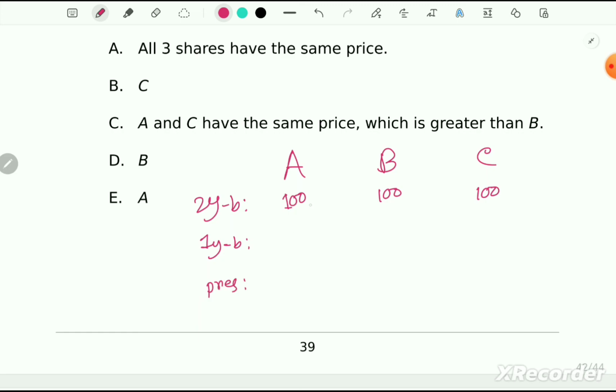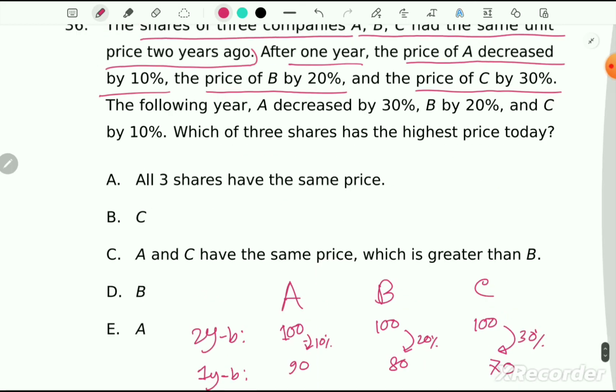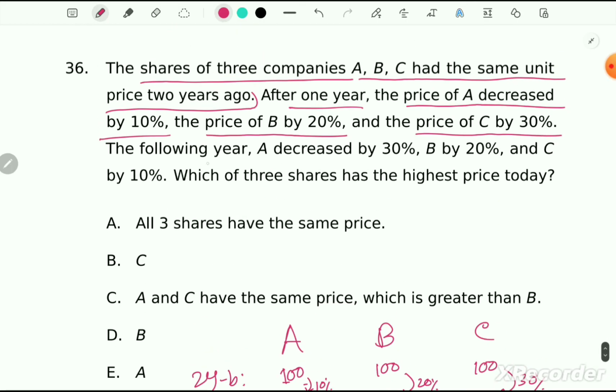So it reduced by 10%, that means 90. It reduced by 20%, it will become 80. It reduced by 30%, it will become 70. Let's check. The following year, A decreased by 30%, B by 20%, and C by 10%. Which of the three shares has the highest price today?